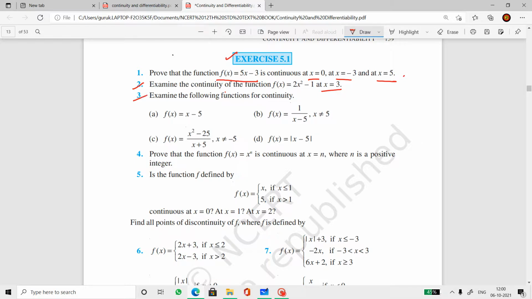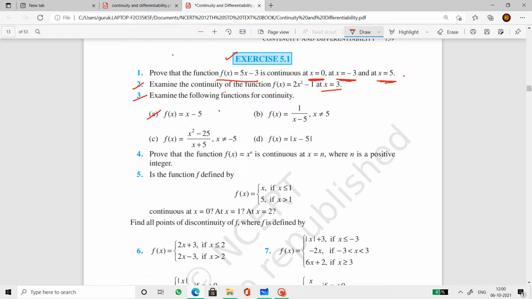Examine the following functions for their continuity. In questions 1 and 2, x is given. They want us to check for a particular value of x. So in the first one, as you can see, it was 0, then minus 3, then 5 and so on. But here nothing like that is given. So how do we do this? Well, when you take these kinds of questions, define the domain of the function first. F of x is x minus 3. The domain is all real numbers here, isn't it?